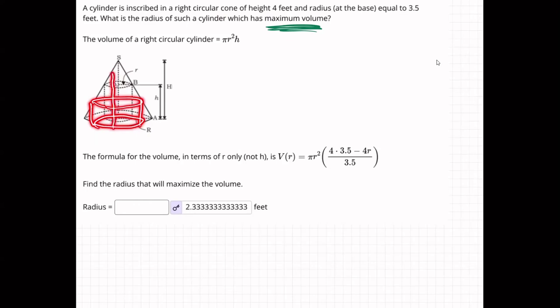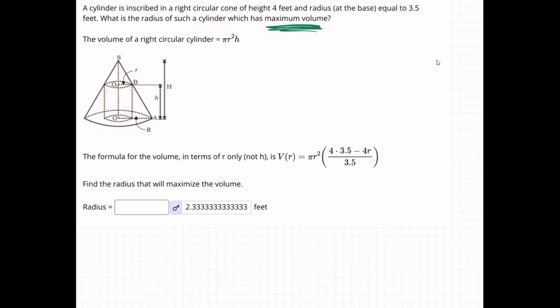Or somewhere in between: how do you build it and have it come up until it barely fits in there, until it hits the sides of the cone, the biggest cylinder you can fit in there. So that's what we want to do. Maximize the volume. Find the biggest one. A lot of engineering does fitting things inside of each other and making the maximum and things like that.